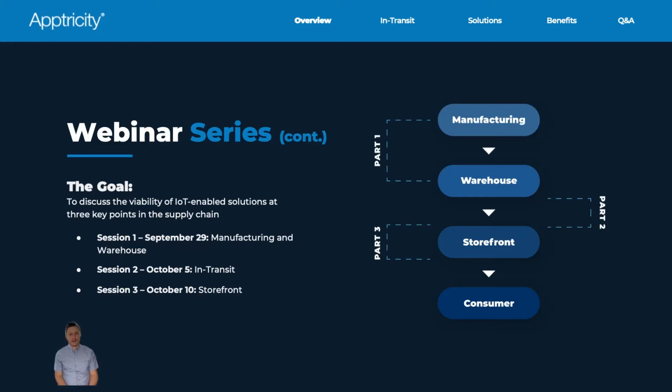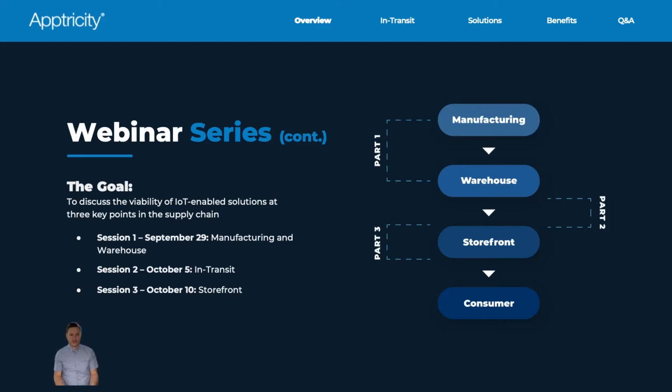If you look at the diagram here, this is really how we built out and where our solutions take place in the supply chain. Depending on the type of business that you manage, you may do your own manufacturing and you may be able to deploy solutions in that environment. If you don't do your own manufacturing, at some point you're receiving product and merchandise into your warehouse or storehouse or distribution center, and you can start managing it at that level.